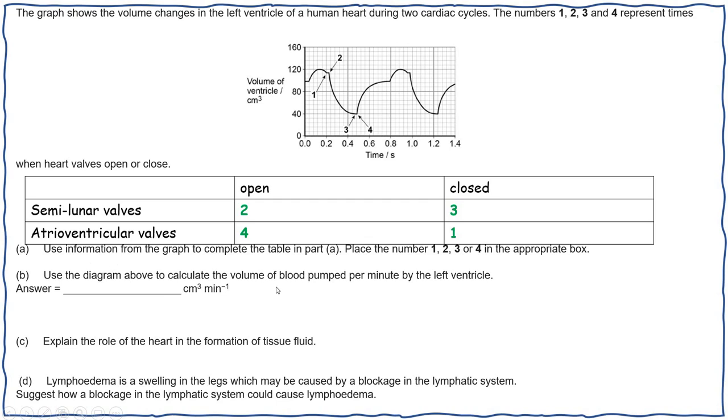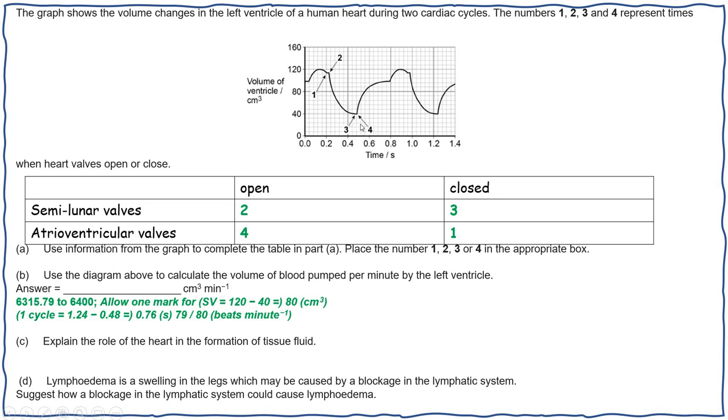Use the diagram above to calculate the volume of blood pumped per minute by the left ventricle. Right, so you can see there's 120 minus 40, which is the volume of blood that's pumped, which equals 80.